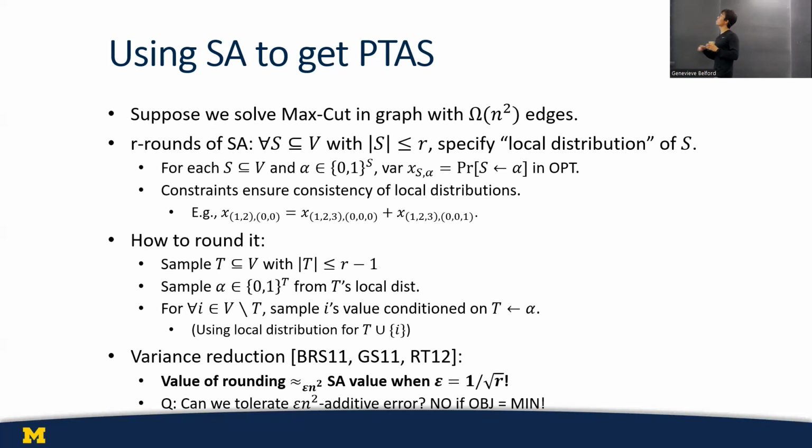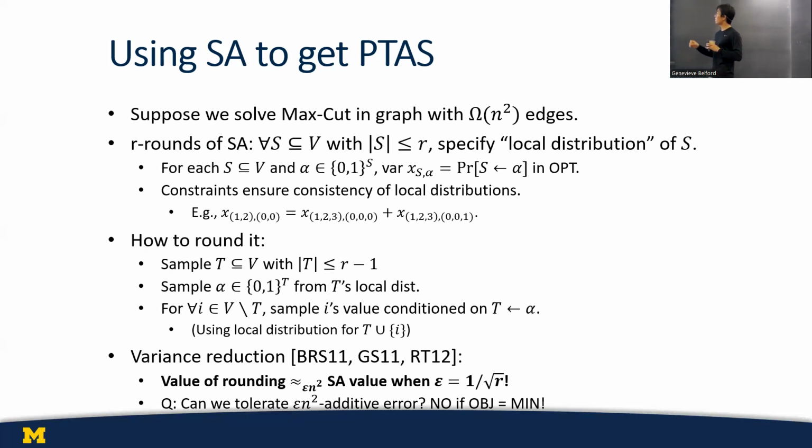For dense graphs, if your objective function is max, then you're fine, because you anyway have n squared edges, and you know your optimal value is greater than half of the edges. So as you decrease epsilon to an arbitrarily small constant, the epsilon n squared additive error is not a big deal.